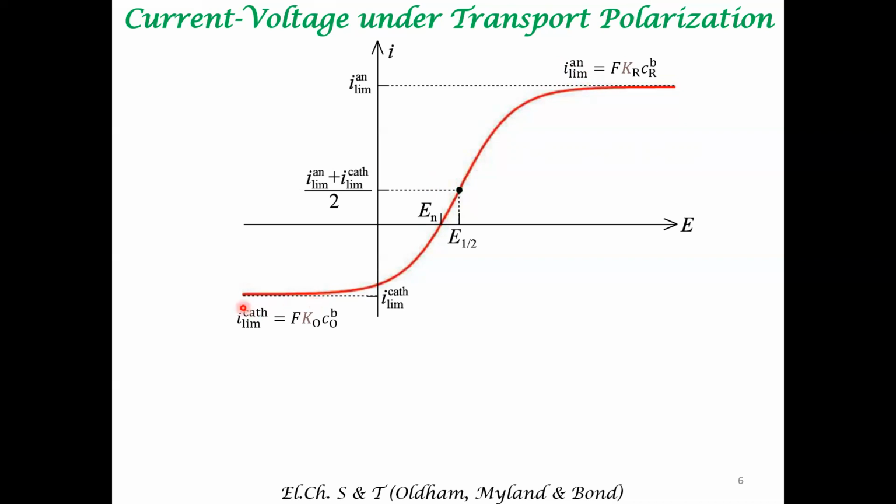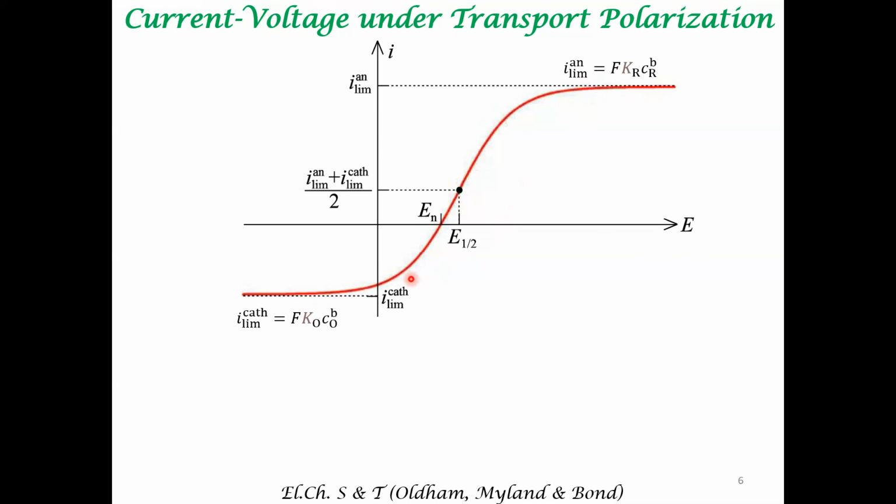That's why the current tends to plateau off. Even though the potential increases, there is a limit to which I can transport the reactants to the surface and evacuate the products from the electrode surface.